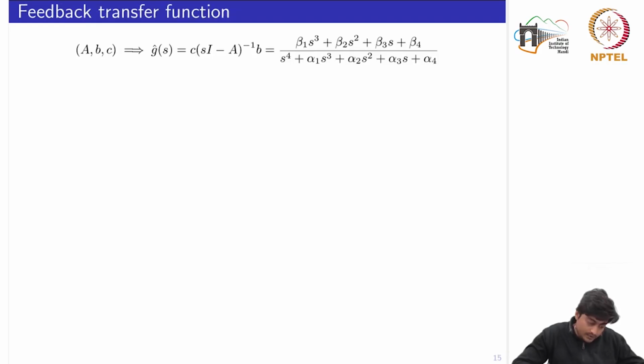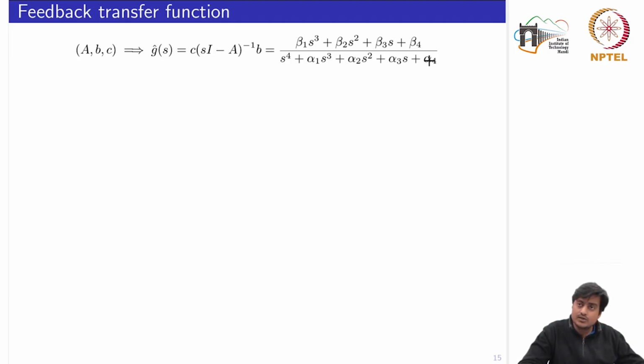If we pay attention to the feedback transfer function, what happens once we apply state feedback in the state space analysis? What would happen to the transfer functions? Given this ABC pair, we can compute the transfer function G hat as sI minus A inverse times B, and this would be this one.